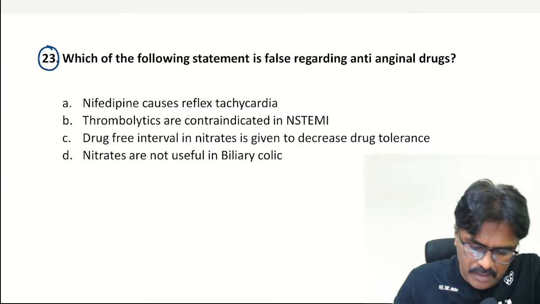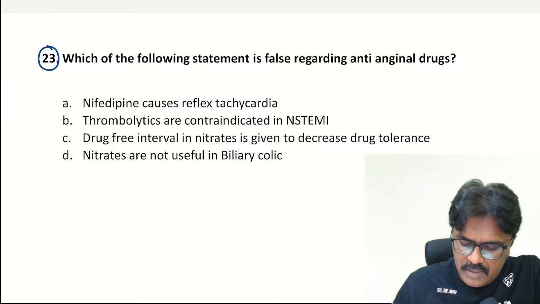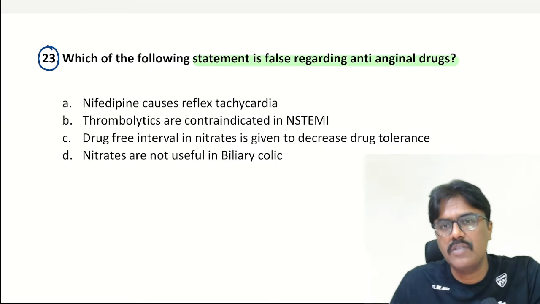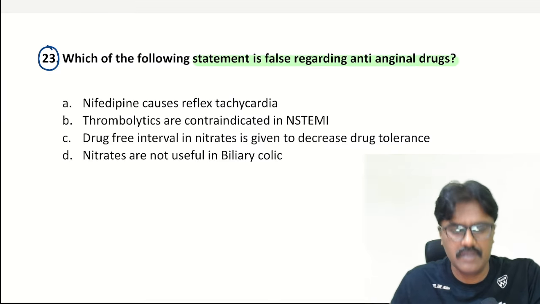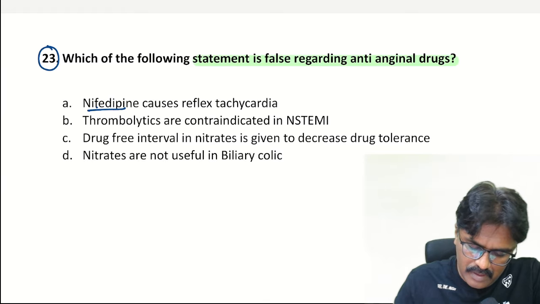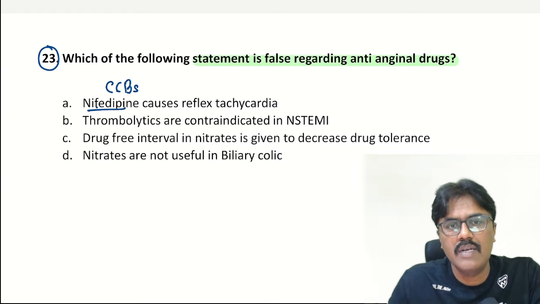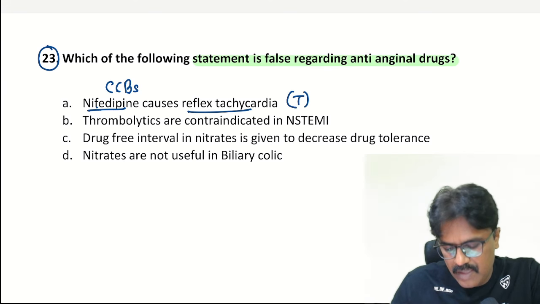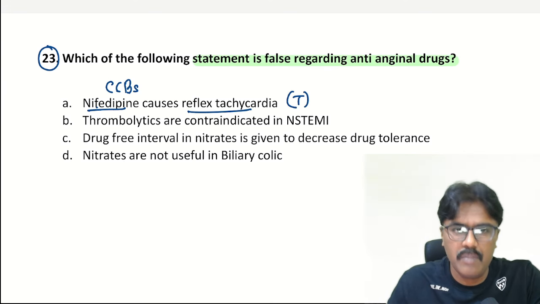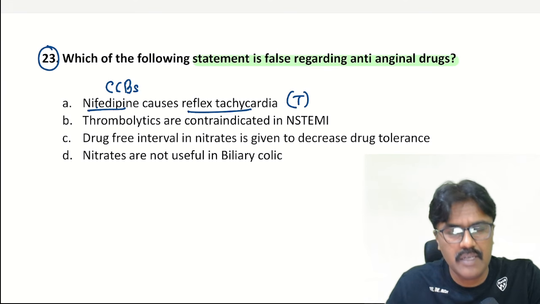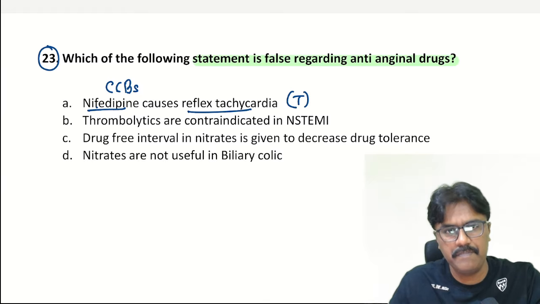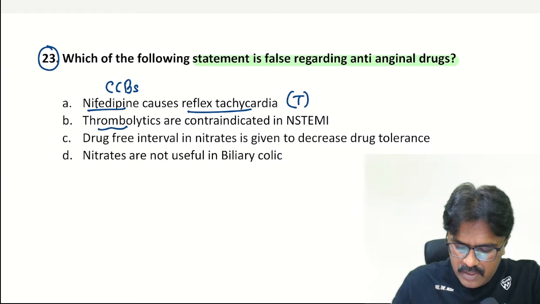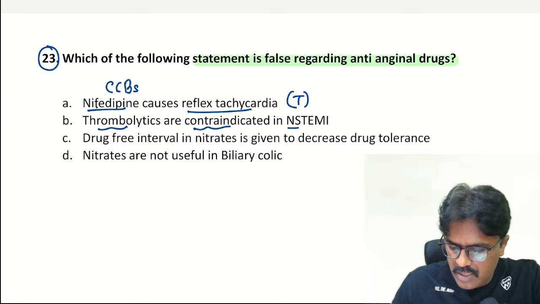Question number 23. Which of the following statements is false regarding drugs used in angina, or anti-anginal drugs? Nifedipine is a CCB, a dihydropyridine, which causes reflex tachycardia. True, because nifedipine acts on blood vessels, causes vasodilation, decreases the BP, and causes reflex tachycardia. Thrombolytics are contraindicated in non-ST elevation MI.